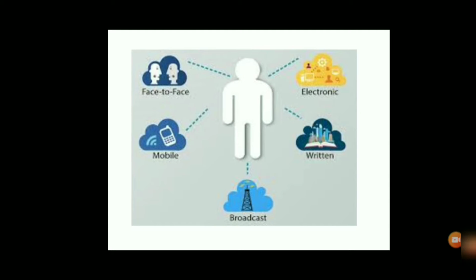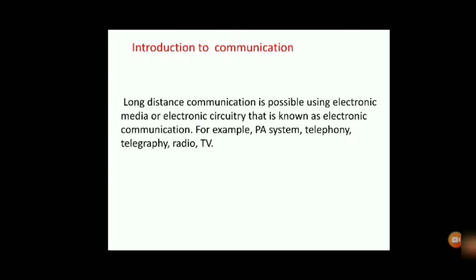So you can see these are the different media through which we can communicate. So face to face is one of the communication. Then we can send the letters for communication, that is written, broadcast, mobile, and other electronic media like email and fax. So these are all the way of communications.